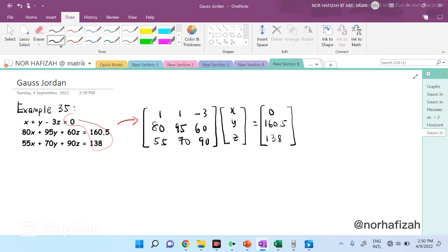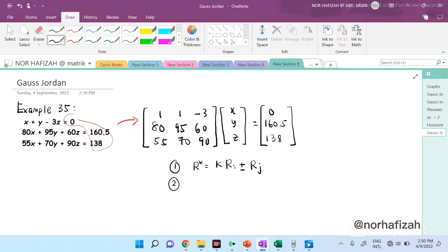First, we are going to do elementary row operations. Let's recall what row operations we can do. For any row, we can multiply it with any scalar, and add or subtract it with another row, say Ri and Rj.